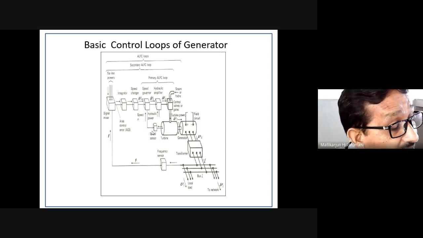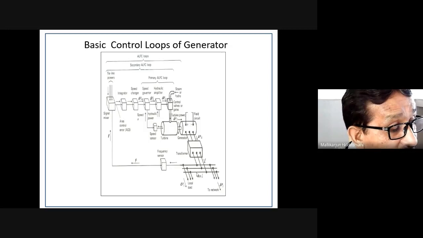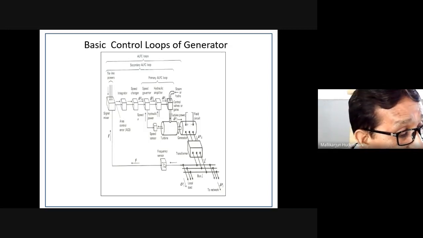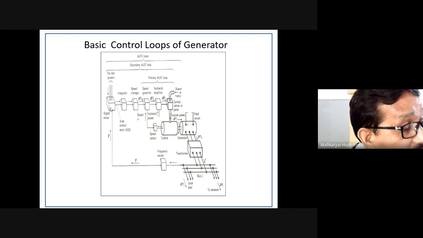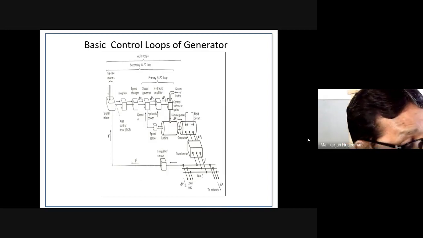Therefore, there should be another superior controller associated with it, which will take care of the actual line frequency itself. Line frequency, once measured with the frequency sensor, is mixed in the signal mixer, which takes care of the power transaction this generating area is doing. We call it the tie-line power. What is the exact exchange this generating area is doing with its area neighbors?